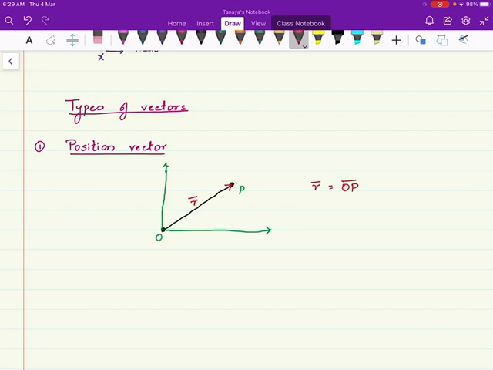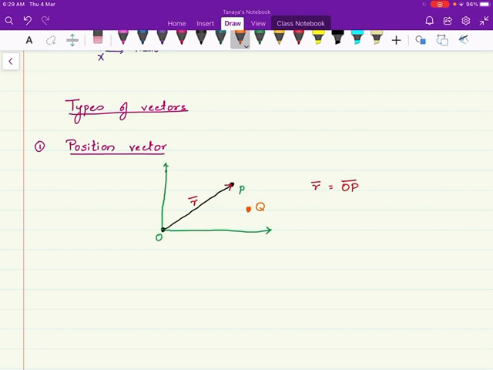Once we take a few problems, this position vector will be clear to you. Right now you just have to understand that it tells us about the position of the particle. So if I tell you another particle Q is over here, what is the position vector of this Q?